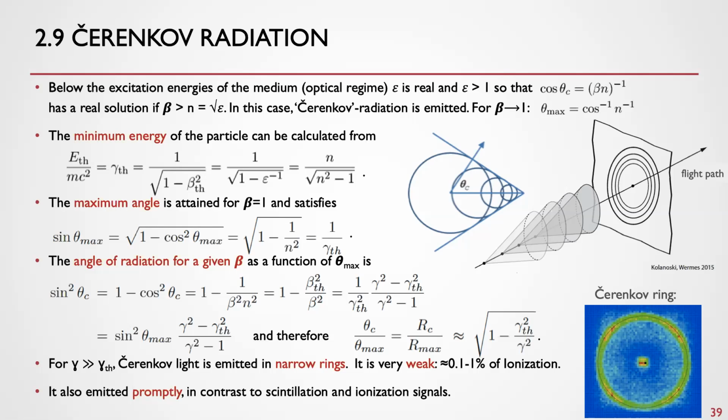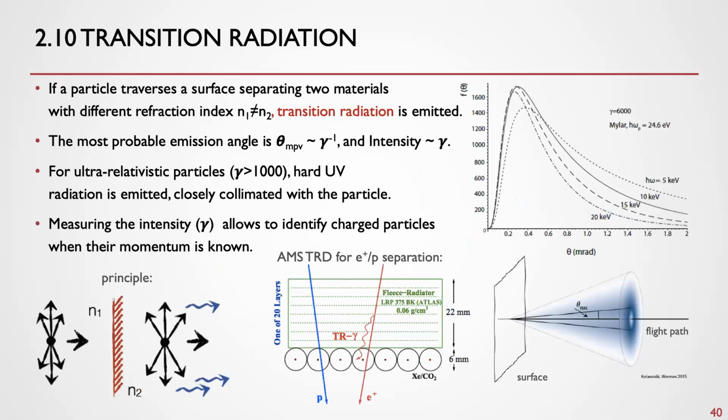So timing for Cherenkov light has a better resolution, just because you depend much less on material properties. There's no drifts involved, it's just the light that's emitted promptly. Good, that's what I wanted to say about Cherenkov radiation.